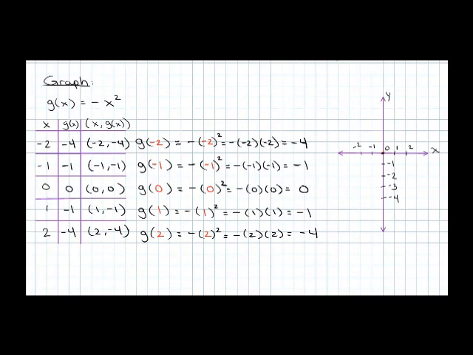Okay, you're going to notice that this graph is going to look a lot like the last graph we did in part 1, but the difference is that this graph looks like it was reflected over the x-axis, if we compare it to our last graph, our parent graph.